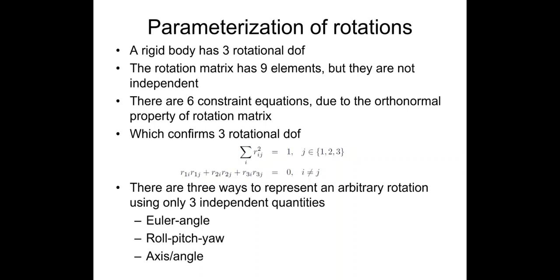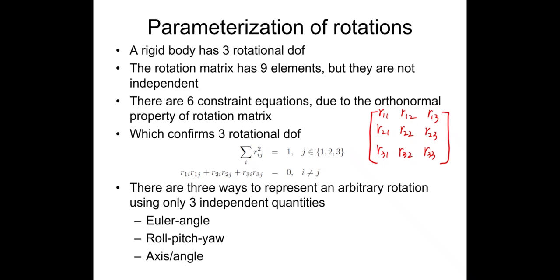So now we have a rotation matrix, okay? So my rotation matrix, now I just write down a random rotation matrix. Here I have R11, R12, R13, and R21, R22, and R23, and R31, R32, and R33.